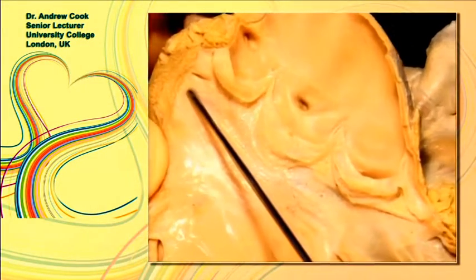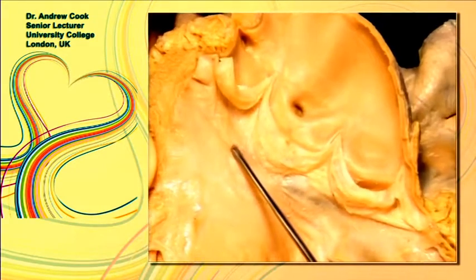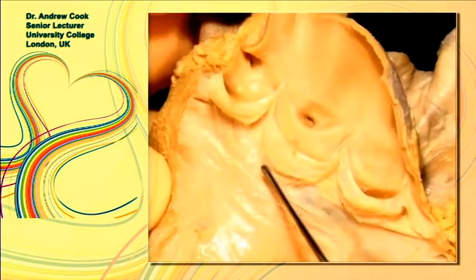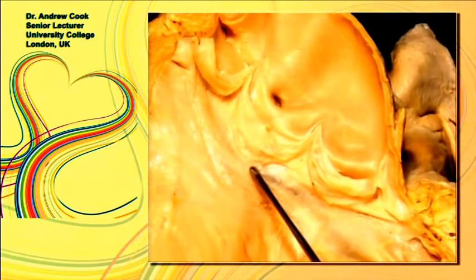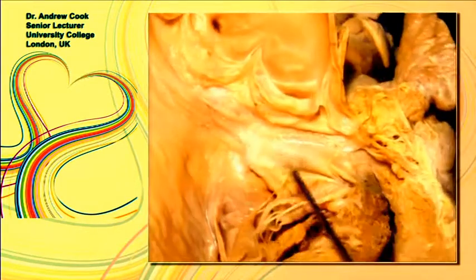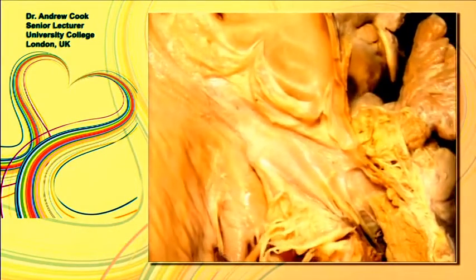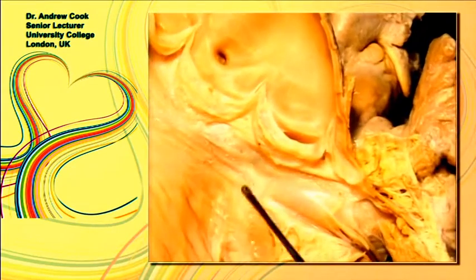You can see that there is heterogeneous support of the aortic valve, so it's partly muscular, and in the region beneath the left and the right coronary aortic sinuses, it's supported by septal muscle, but then that gives way to a region of fibrous continuity between the anterior leaflet of the mitral valve and the aortic valve itself.